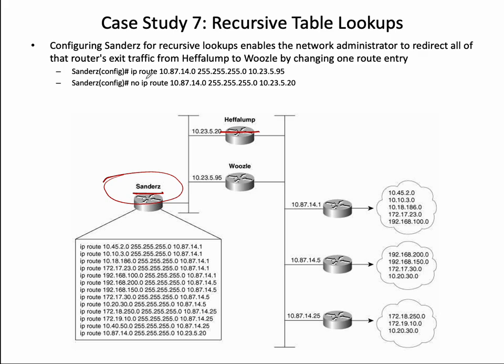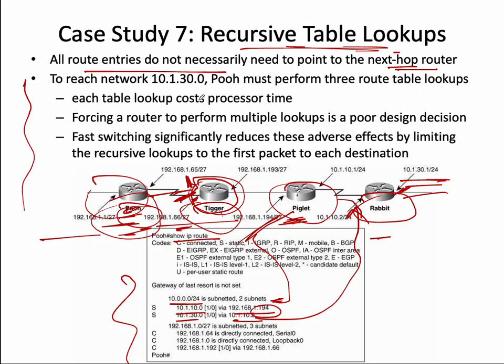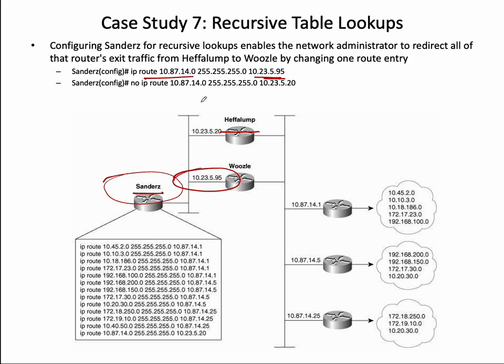So if you configure show IP route 10.87.14.0 via 10.23.5.95, and then you need to configure no IP route 10.87.14.0, and you say, hey, no IP route, so I remove this network. So I configure this route and remove this one. So now if any network forwards the traffic, it will go via this way.